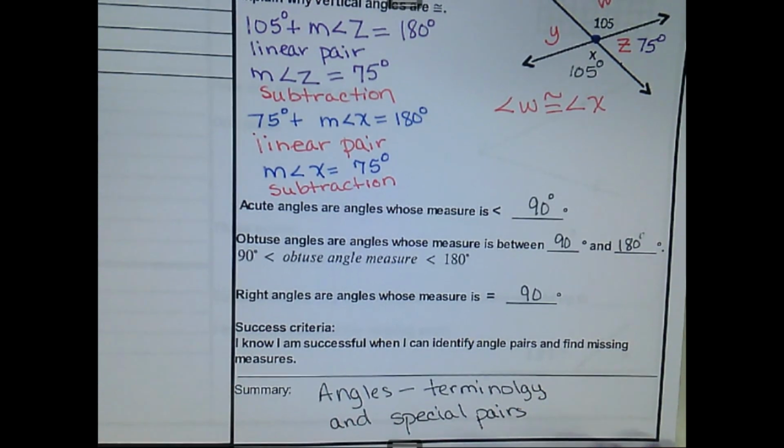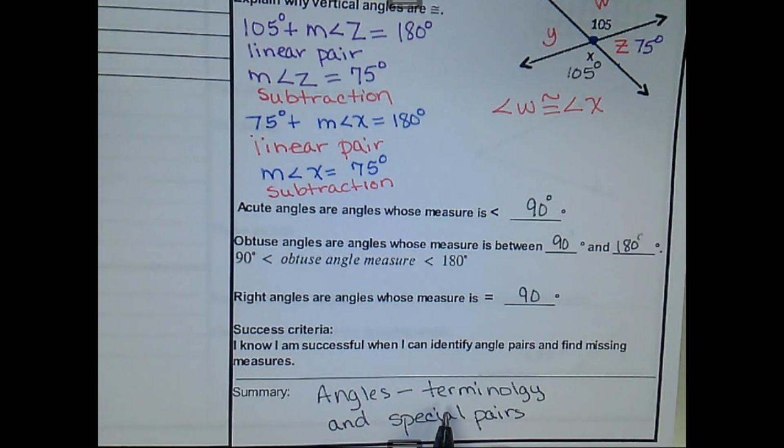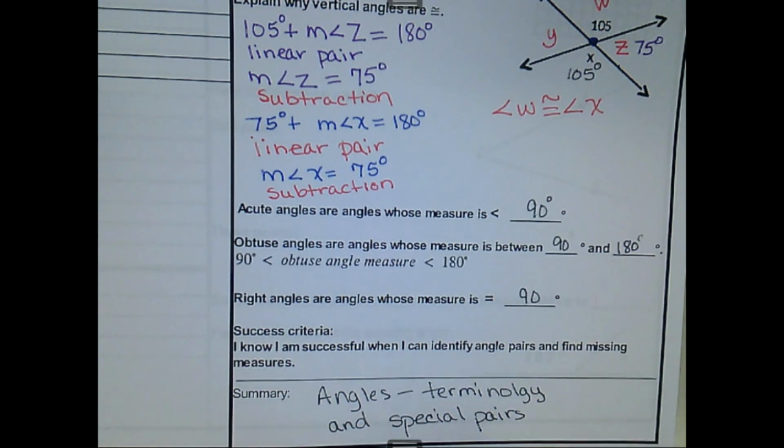That is your summary. So when you look at this, if you think terminology and you look back up here, okay, I know what it means, then you're doing good. We had all kinds of special pairs in here we talked about. Linear pair, supplementary, complementary. Do you know that? If not, please watch the video again.